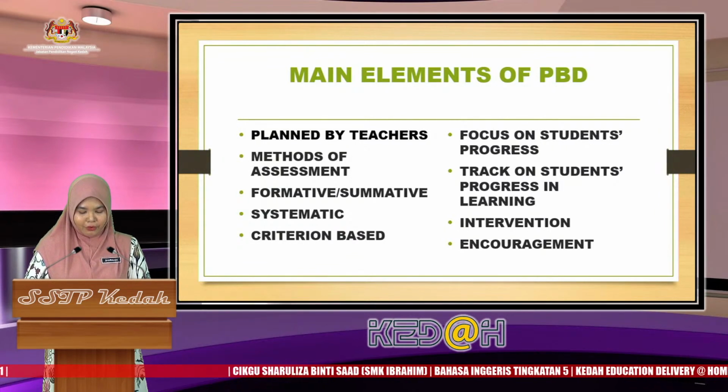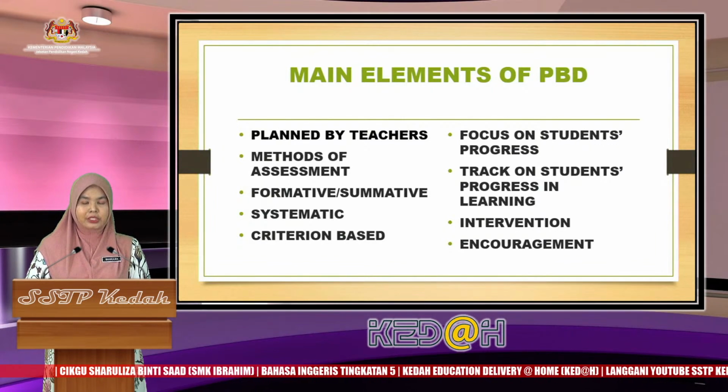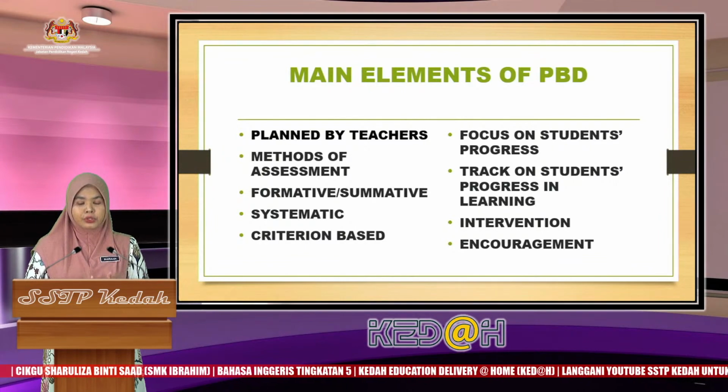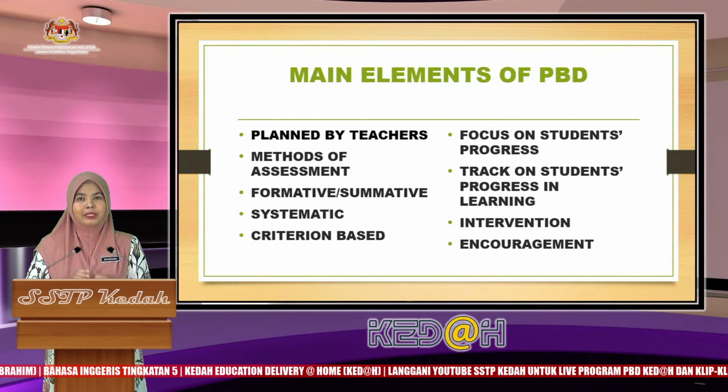Element number 4, it must be systematic. This refers to the methods of assessment that the teacher is going to use, the instruments needed, the skills to be tested, and when it is to be tested. All of these must be carefully planned by the teachers.